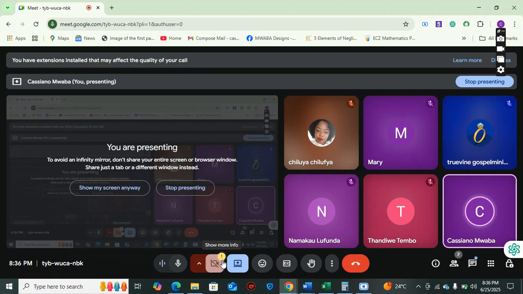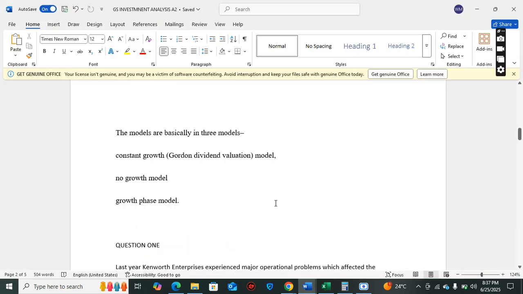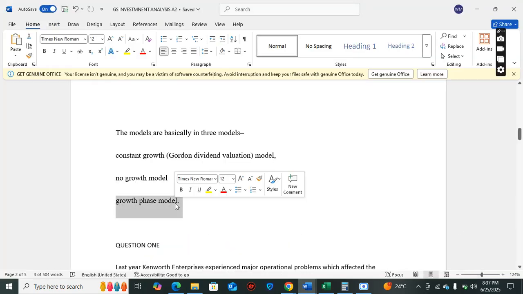So with this third model, the growth phase model, where the growth rate changes, there will be a certain point where the growth rate will stay the same forever. That is just to account for the dividends until the end of time, basically.